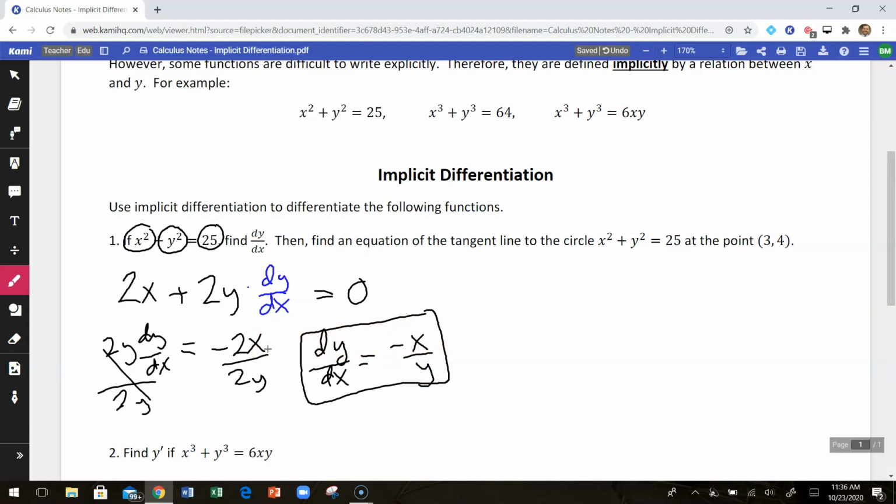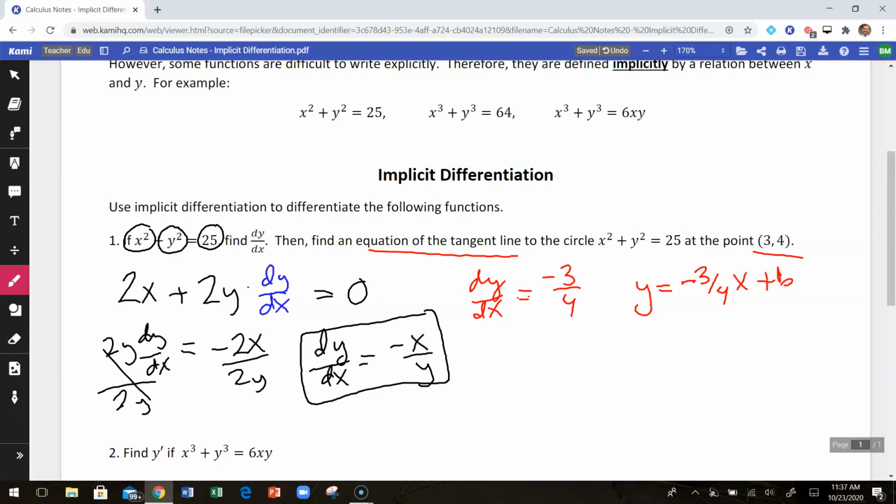To find the equation of the tangent line at this point, the first thing I do is figure out the slope at that point, which is negative 3 over 4. So I have y equals negative 3/4 x plus b.